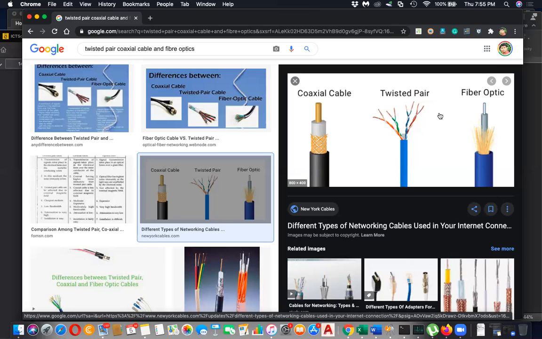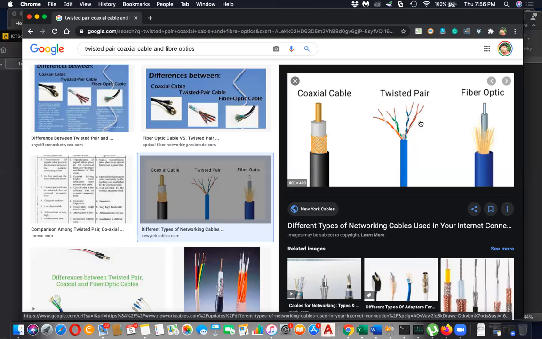Okay. Twisted pair. Why twisted pair? These pairs are twisted 2 by 2. The reason is, the magnetic field created by one cable can be neutralized by an opposite magnetic field.